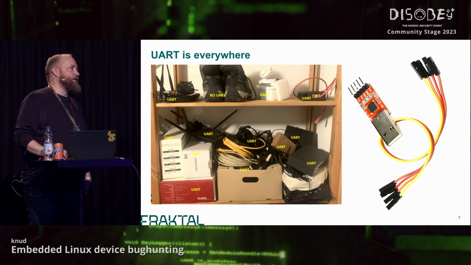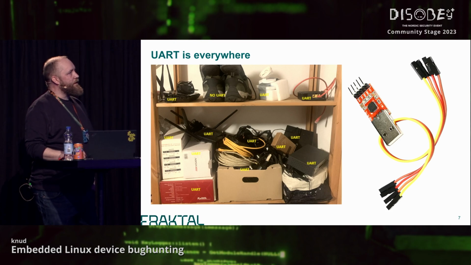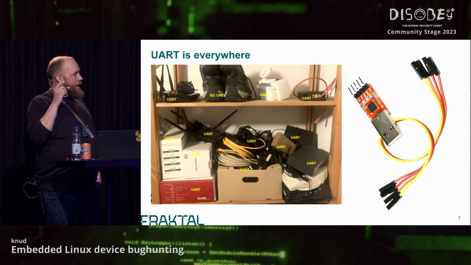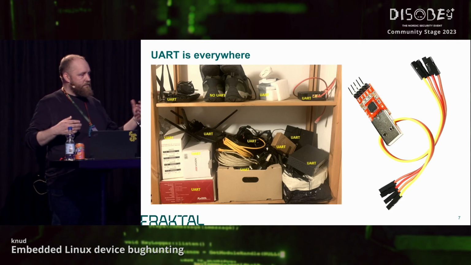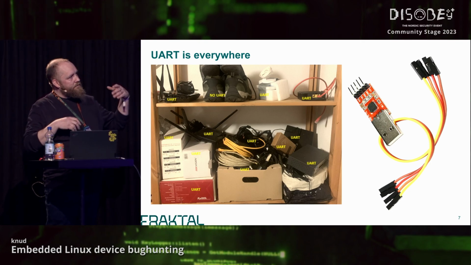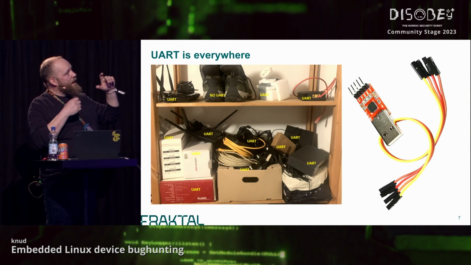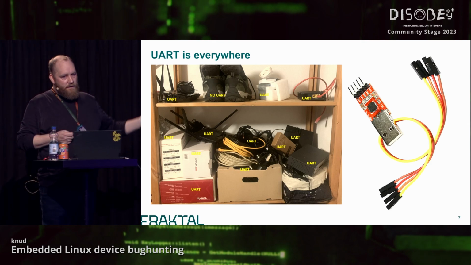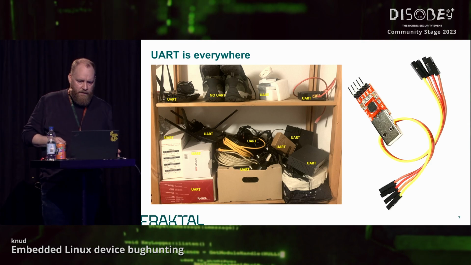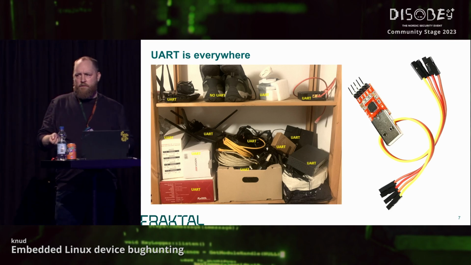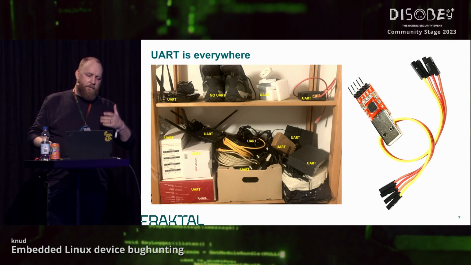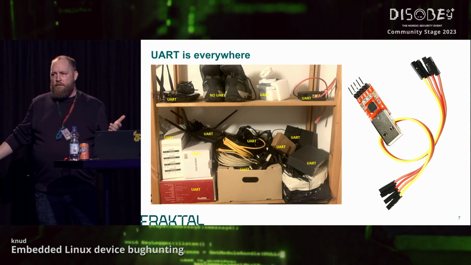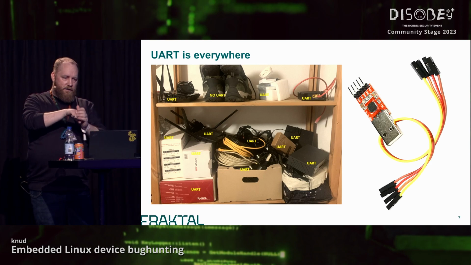So UART is really everywhere, because I went to my junk shelf and looked at stuff I've accumulated over the years that I no longer use, but I've hacked on some of them. And I looked at how many of them have UARTs, and it dawned on me that everything on the shelf has a UART, right? They don't all land you in a usable shell, but the UART shell is, if you remember, like old Cisco routers and sticking in a Cisco console cable.